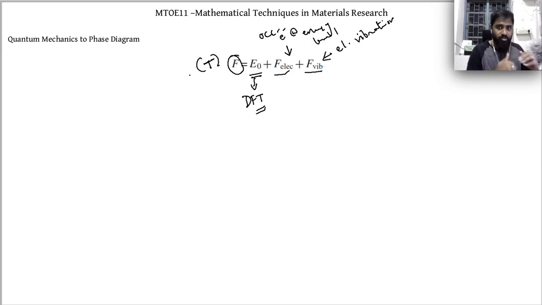These two contributions are dependent on temperature, so ultimately the free energy that I calculate is also dependent on temperature. So when I estimate my stability based on this extended free energy instead of my E0, I have a parameter that helps me understand the stability of my configuration with respect to temperature. That is the idea behind it.